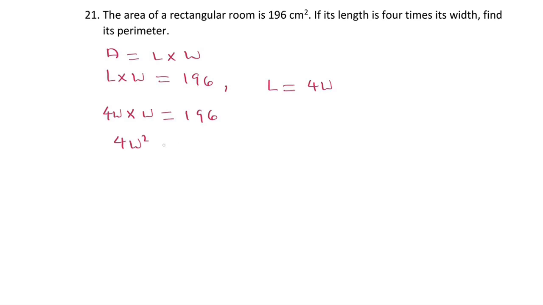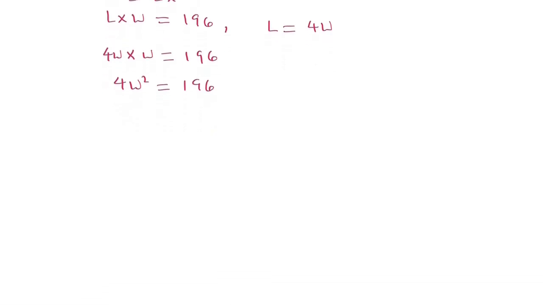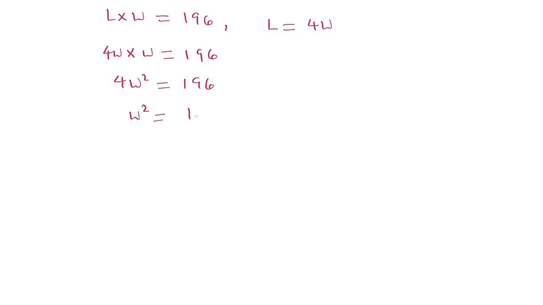4W squared equals 196. Next, let us divide by 4 on both sides. Then we have W squared equals 196 over 4. Solving this, we have 49.